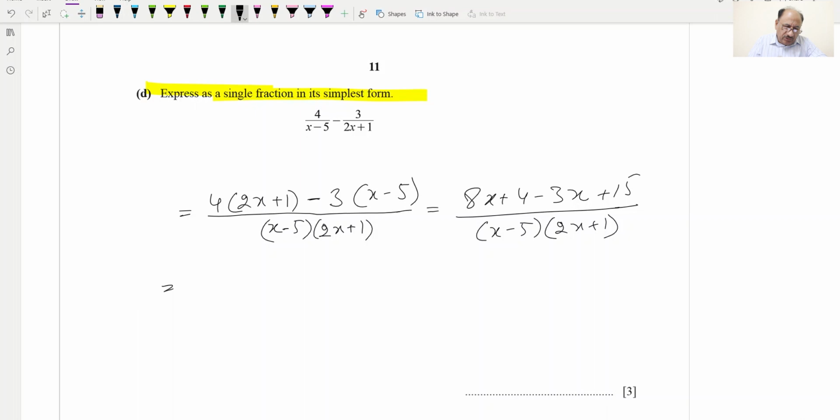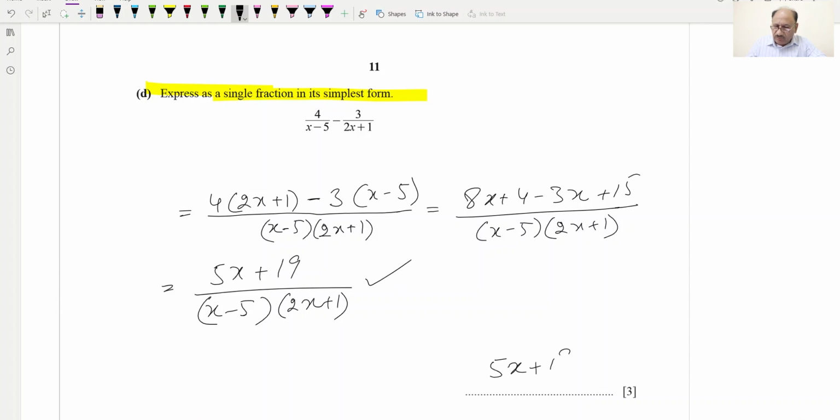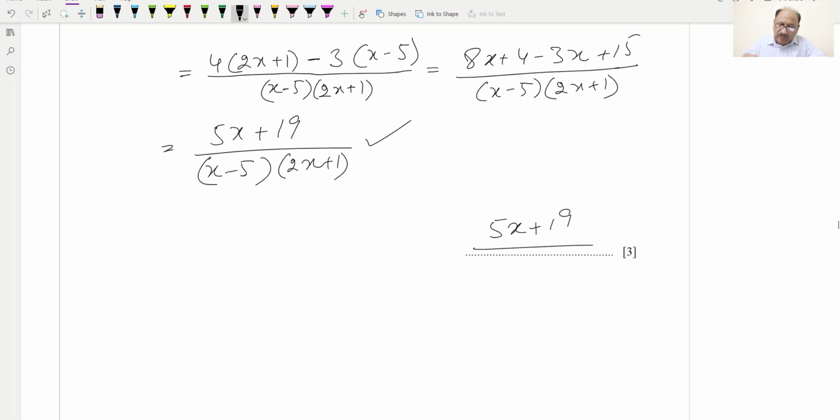Further, we are adding the like terms, so 8x minus 3x will be 5x, and plus 15 plus 4 will be 19, divided by x minus 5 into 2x plus 1, and this will be the final answer because further simplification is not possible. So 5x plus 19 divided by x minus 5 into 2x plus 1. This is the 3-mark question which we have done.